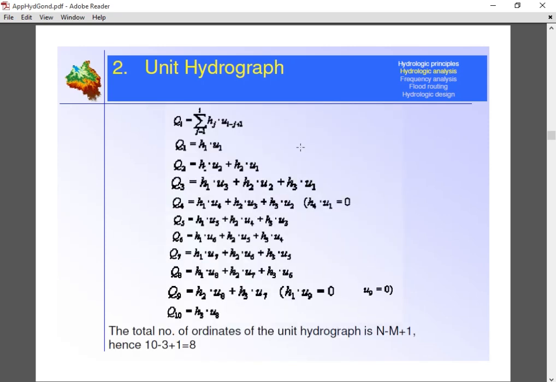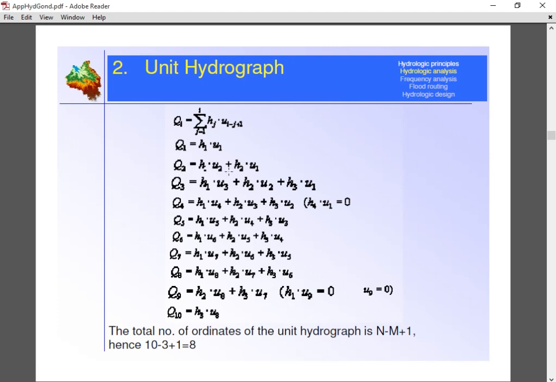From this you can estimate the values of the unit hydrograph. For instance, you can get U1 if Q1 is known, and once U1 is known, you can substitute here and get U2 if Q2 is known.